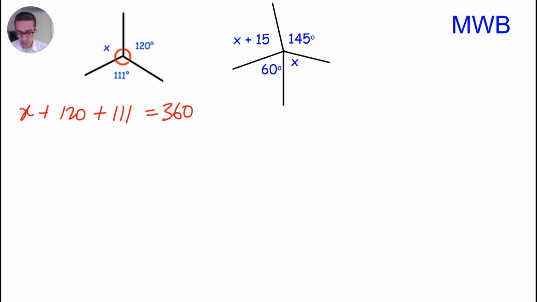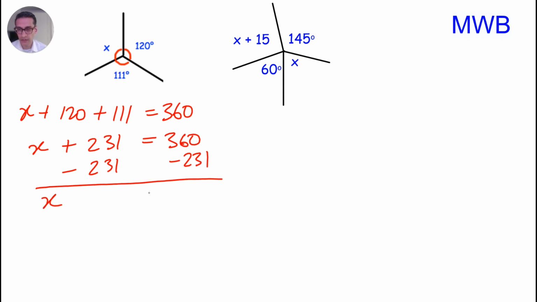And then 120 plus 111 is 231 is equal to 360. And we are going to do 360 minus 231. So minus 231 minus 231, x is equal to 129.